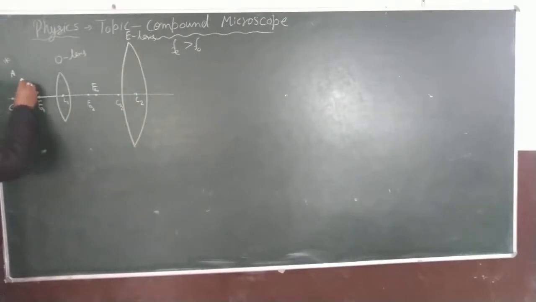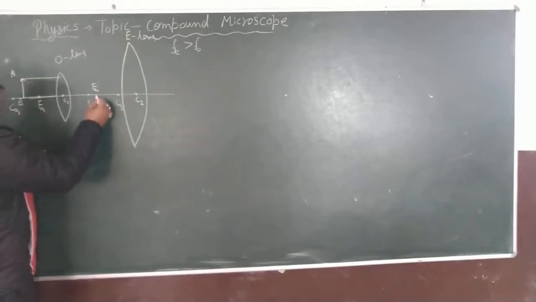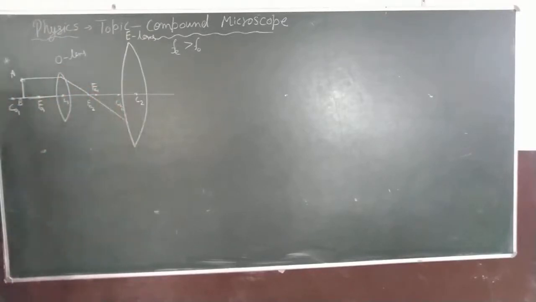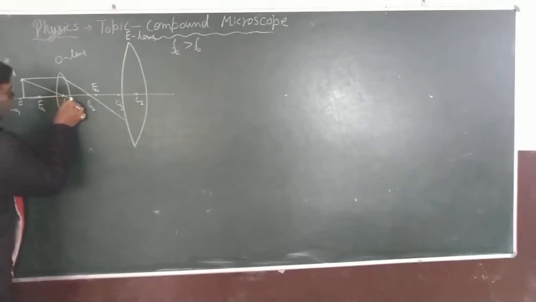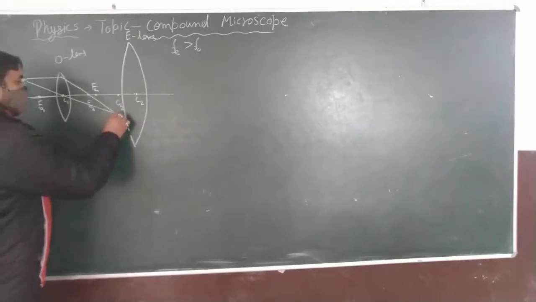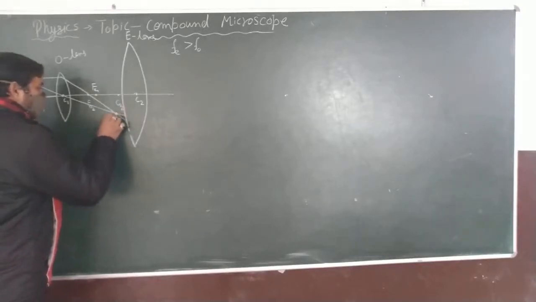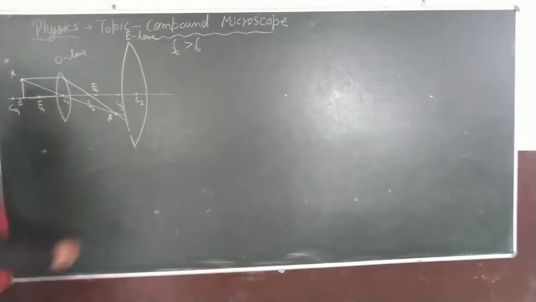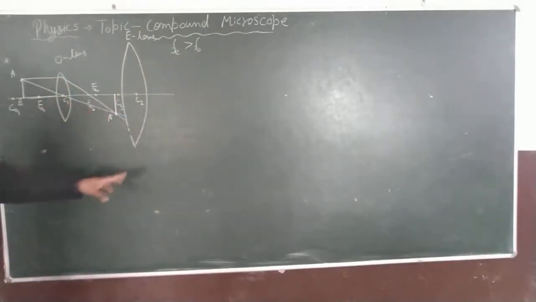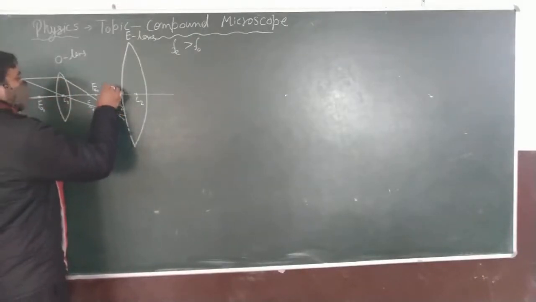A ray traveling parallel to the principal axis of the objective lens passes through its focal point, and another ray passing through its optical center intersects it at point B dash. When we draw a perpendicular on the principal axis of these two coaxial lenses, we get the location of A dash.